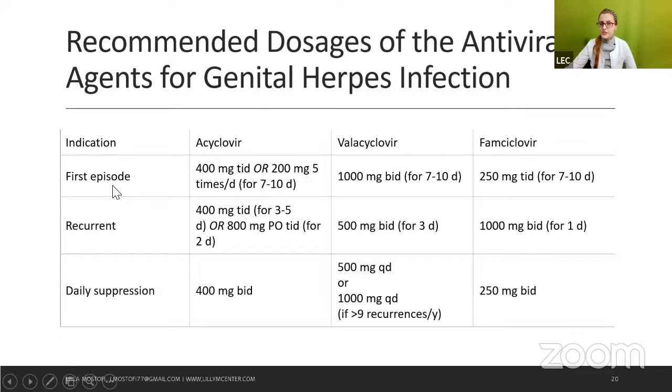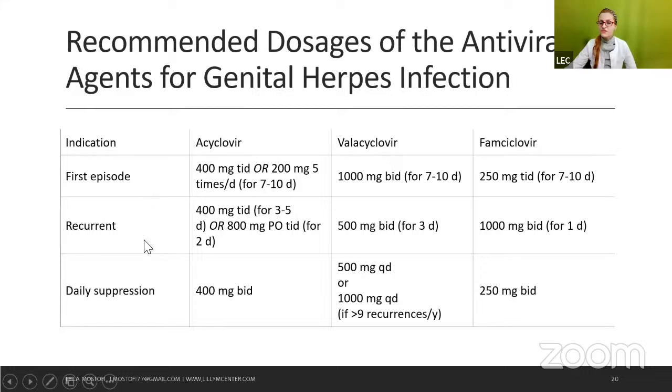For the first episode, we use acyclovir 400 milligrams TID or 200 milligrams 5 times per day for 7 days. The next is valacyclovir, 1000 milligrams BID for 7 to 10 days, and famciclovir, 250 milligrams TID for 7 days.